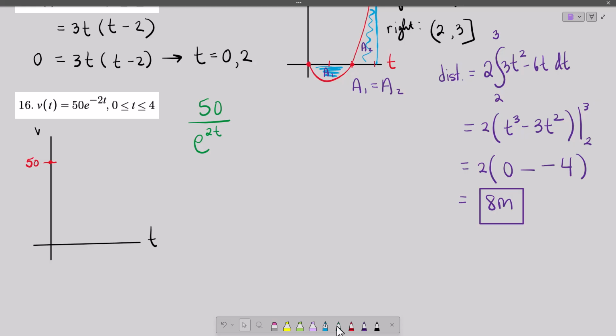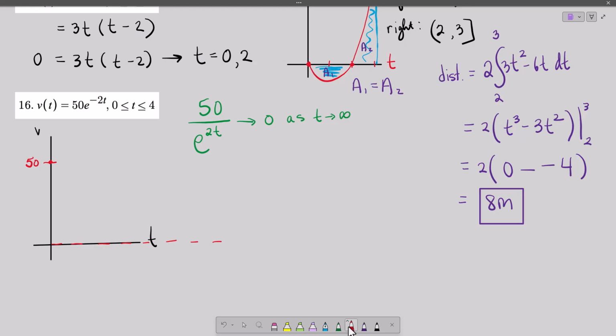In your mind, think 1/10, 1/100, 1/1,000, 1/10,000. Those are going to 0 as the denominator is getting bigger. So this will go to 0 as t goes to infinity. That tells us that the horizontal asymptote is right there.